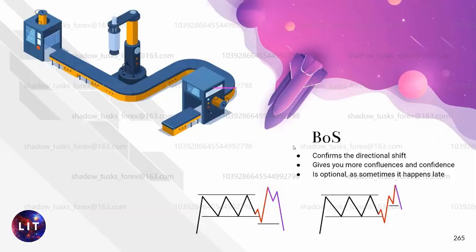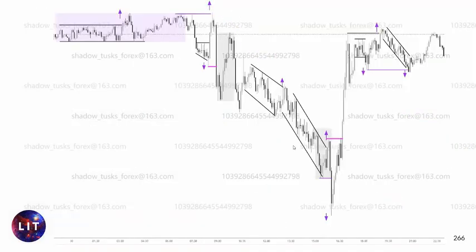So you always want to look for your breaks of structure after the inducement. Okay, that's why we've got it after the inducement, right? So again, you can see we don't really expect this to be a break of structure and we don't expect this to be a break of structure. Why? Liquidity, right? So no breaks of structure there.